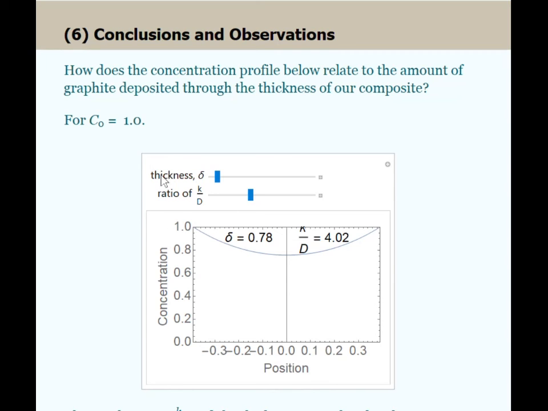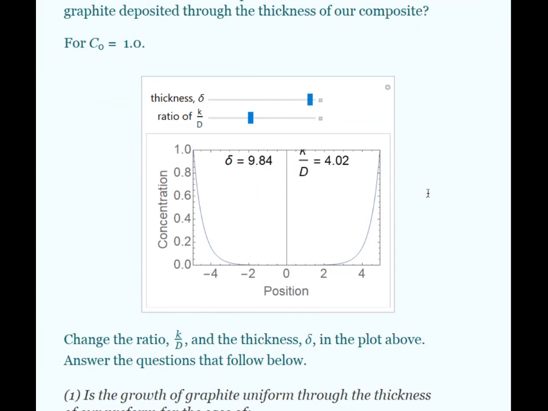If we were to pick a thick film, so if we had a very thick composite we were trying to produce, then one of the things that we'll see is that by the time we get into the center of the composite, our concentration is consumed completely. And so the concentration in here is being consumed, it's being deposited, and so by the time I get into the middle, I have no concentration left, and so I'm not getting deposition in the middle.